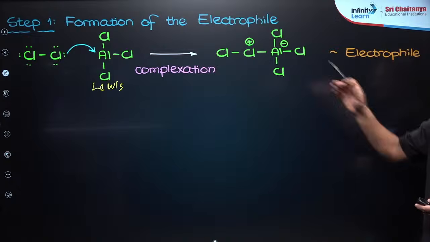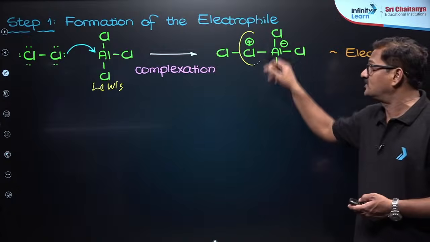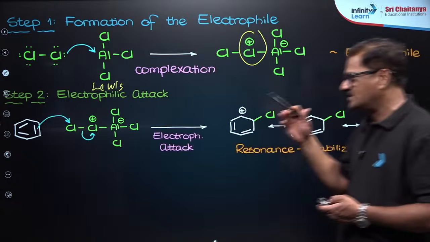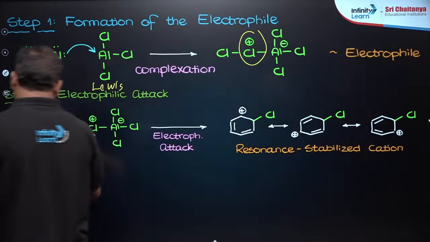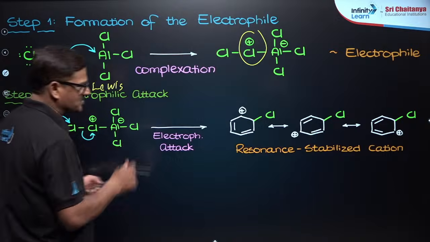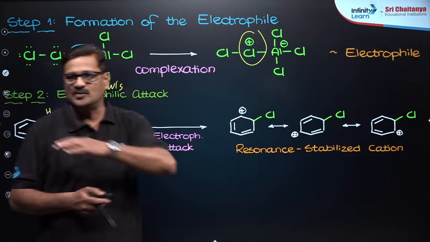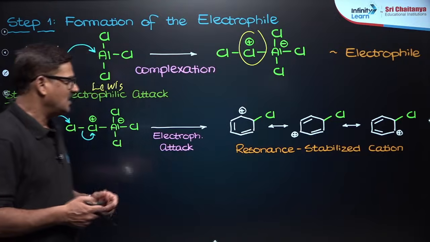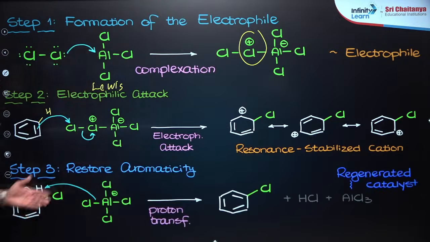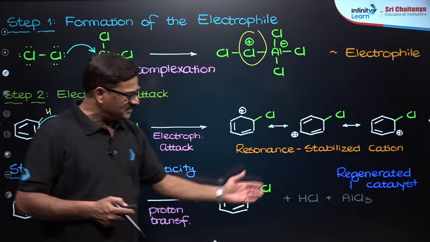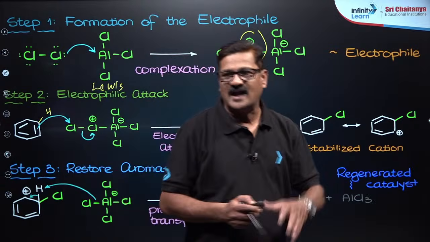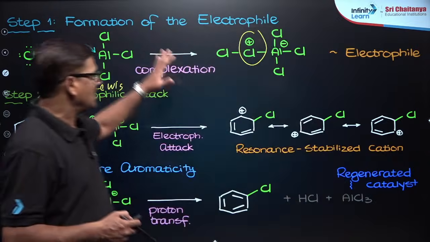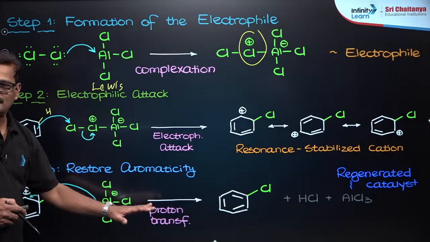You are going to get an electrophile, Cl plus is going to be the electrophile, otherwise you can say that. And that electrophile is going to attack the pi bond of this benzene. You are going to see the formation of the sigma bond with the sigma complex, which is resonance stabilized, and it is deprotonated to give rise to chlorobenzene and AlCl3. The catalyst is going to be regenerated, bachcho. So this is how the chlorination of benzene happens.